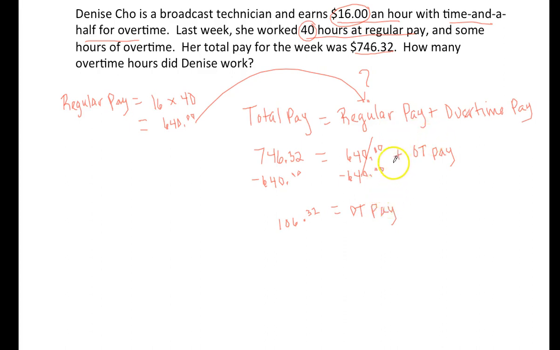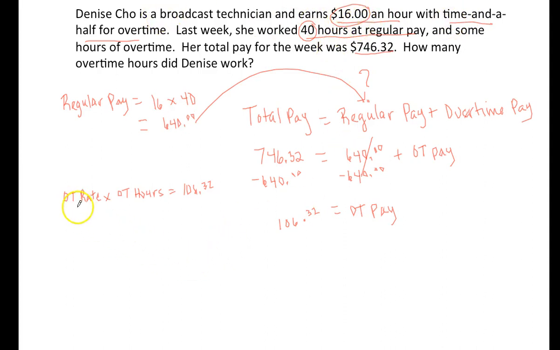Well, how are we going to use that to find out her number of overtime hours? All right, well, we know that overtime pay is overtime rate times overtime hours, which is what we want to know. And we just found out that the total overtime pay is $106.32. Do we know the overtime rate? Well, they didn't tell us what it was, but we do know that it's time and a half of 16.